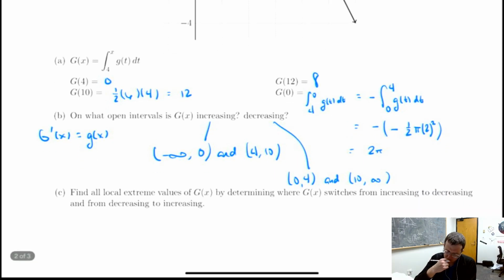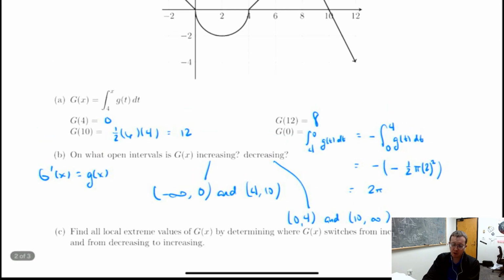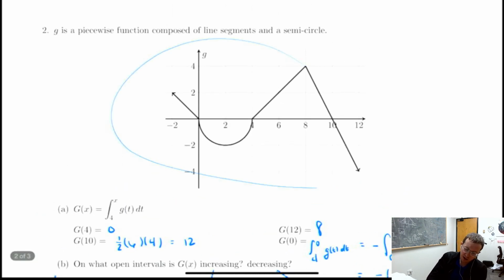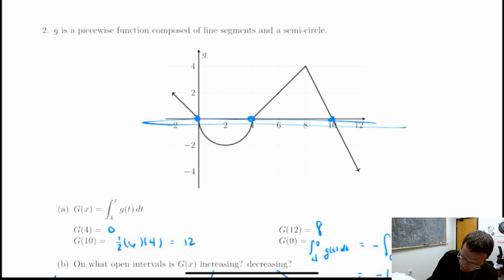Okay, local extreme values. Extreme values are going to happen at critical numbers. Critical numbers are places where the derivative is 0 or undefined. But remember, if we're thinking about capital G, the derivative of capital G is little g, so we are already looking at the graph of the derivative. That means the critical numbers happen here, here, and here. Just places where the derivative has a value of 0.